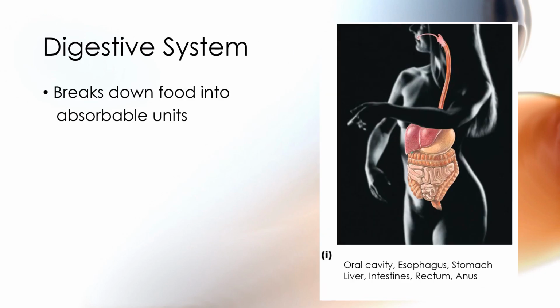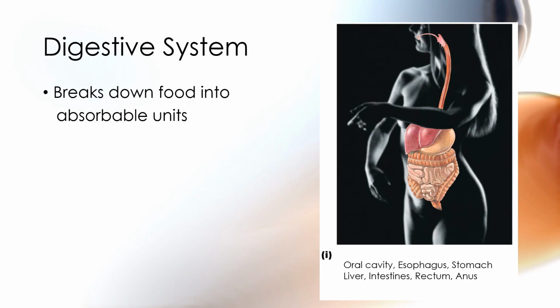So the digestive system. I think the digestive system gets a bad rap, but I love the digestive system. So really, we're eating food, right? Drinking water. We're getting our nutrients from the digestive system, right? So we have to break down that food into things that we can use, right?